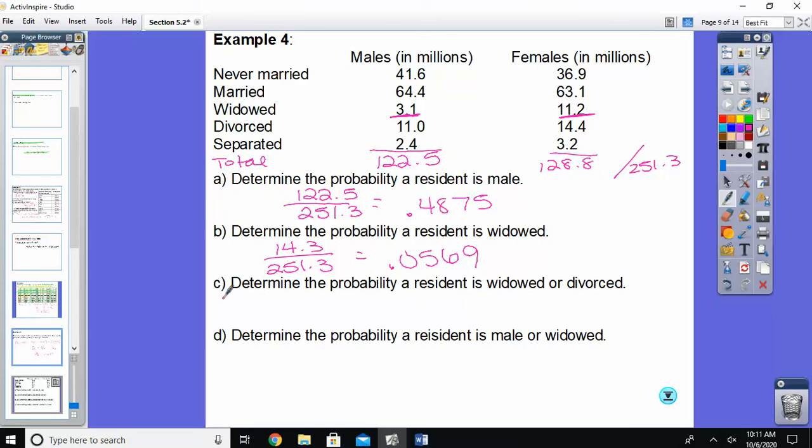The probability of widowed or divorced. Based on this chart, can it be both? No. So we just have to add up the individual. So the probability of being widowed is 14.3.